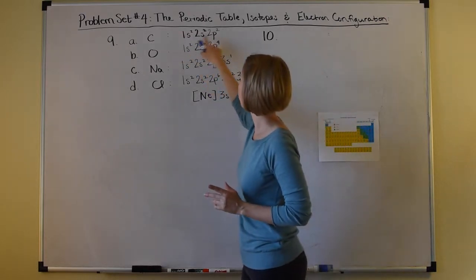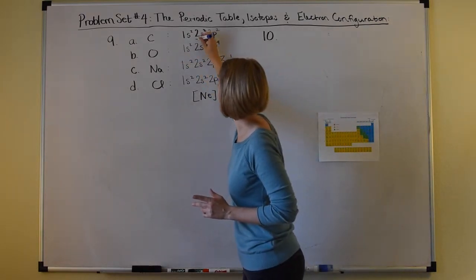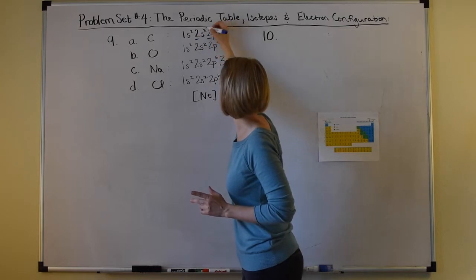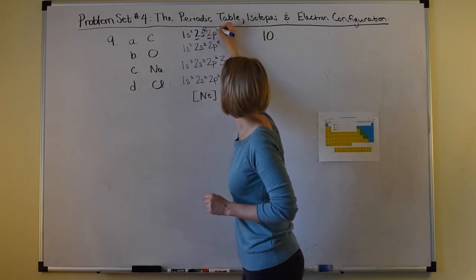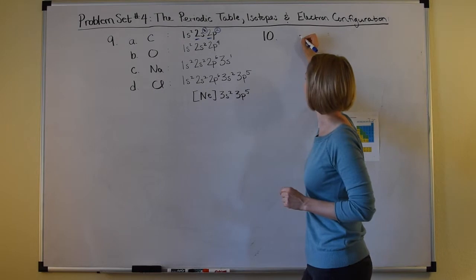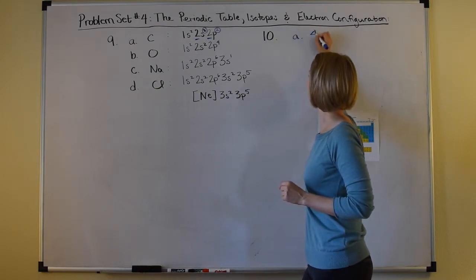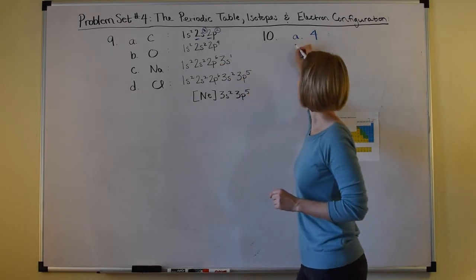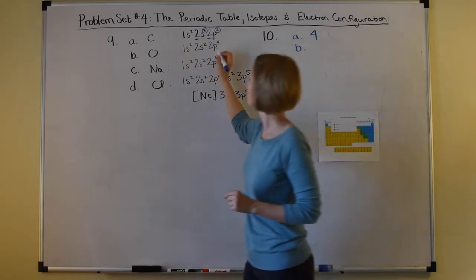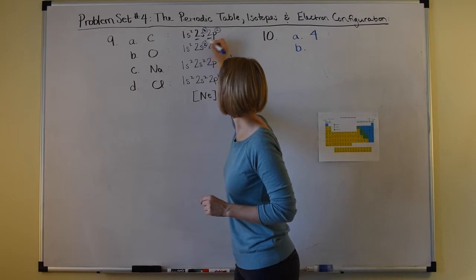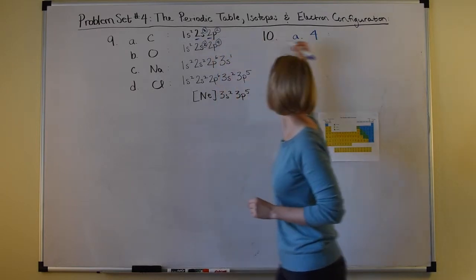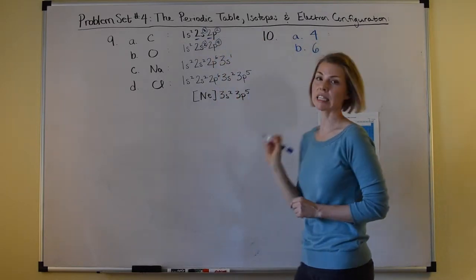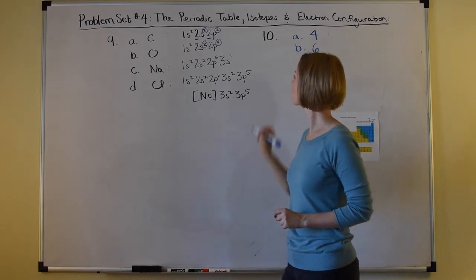So for the case of carbon, the valence electrons are in the second energy level. So that would be the 2 here and the 2 here. So for A, carbon has 4 valence electrons. B, oxygen has 2 plus 4, 6 valence electrons.